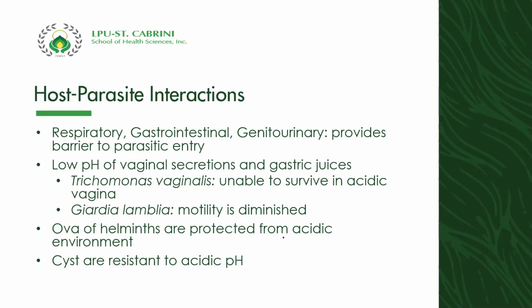For example, the vagina is known to be acidic in nature because of the low pH of the vaginal secretion. The acidic pH of the vagina enables the vaginal area to protect itself from bacteria and parasites.